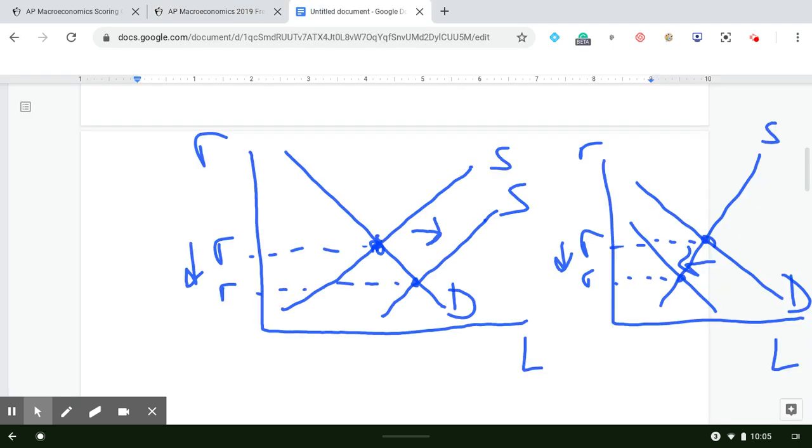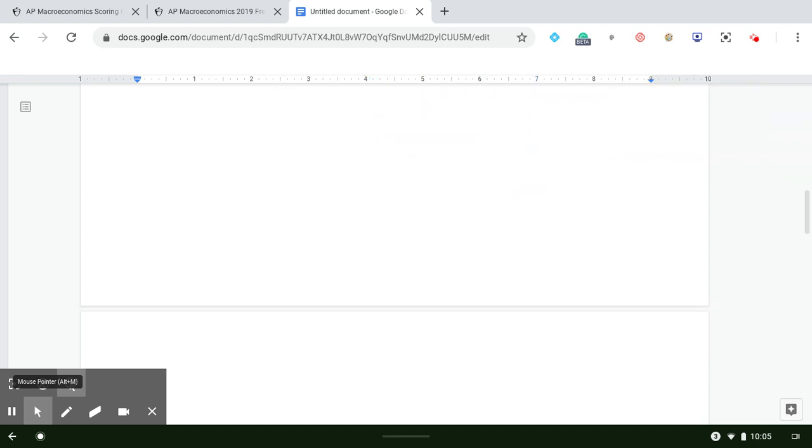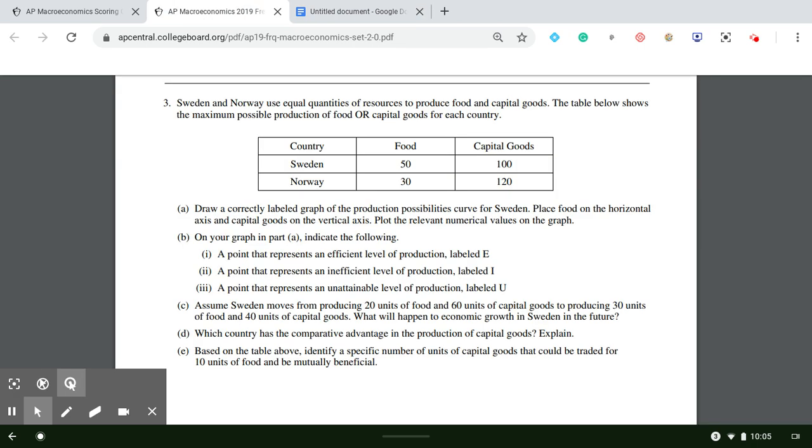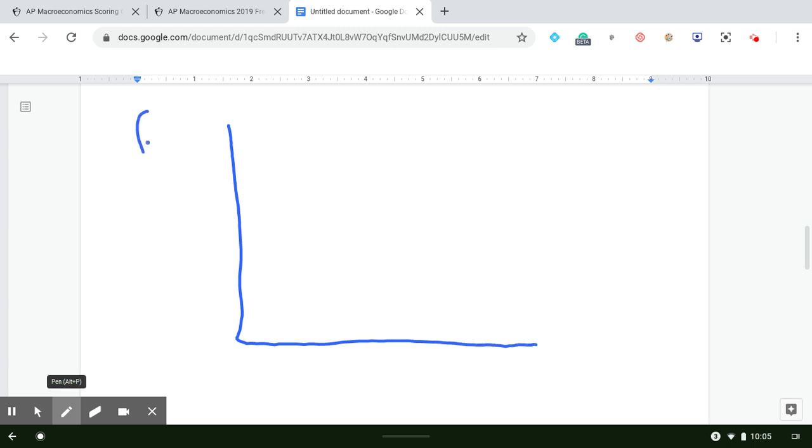Okay, so we're doing Sweden. All right. The horizontal axis is food. So we go food versus capital goods for our country, Sweden.